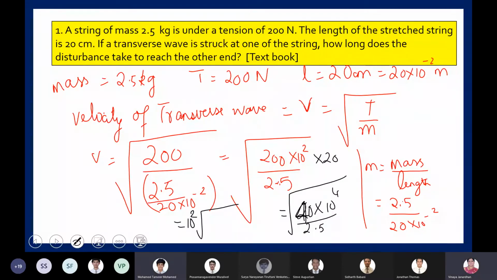So 10 to the power of 2 goes outside, then it becomes 400 by 25.